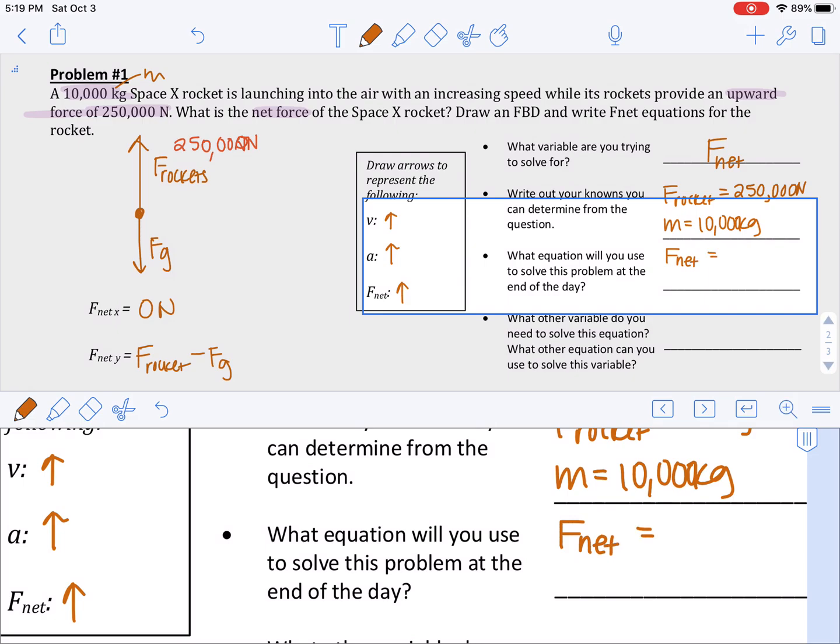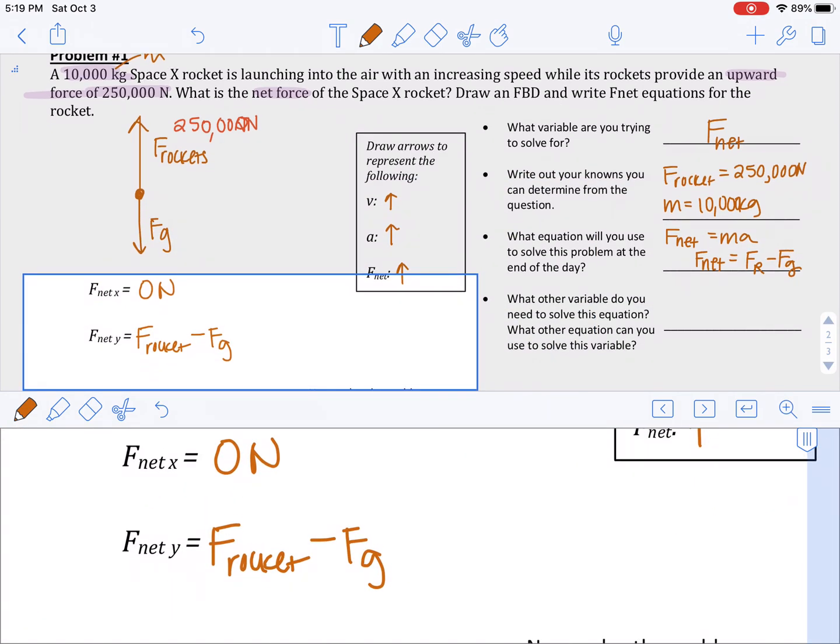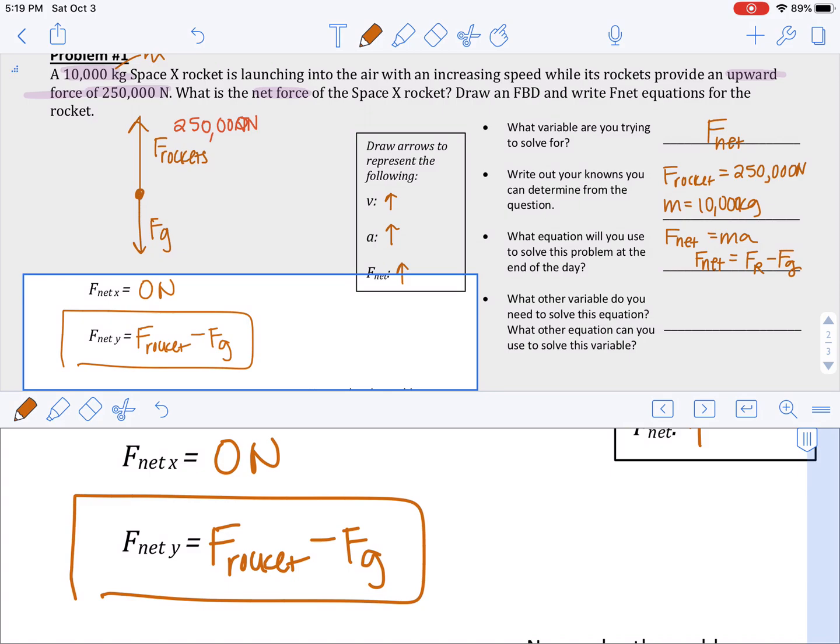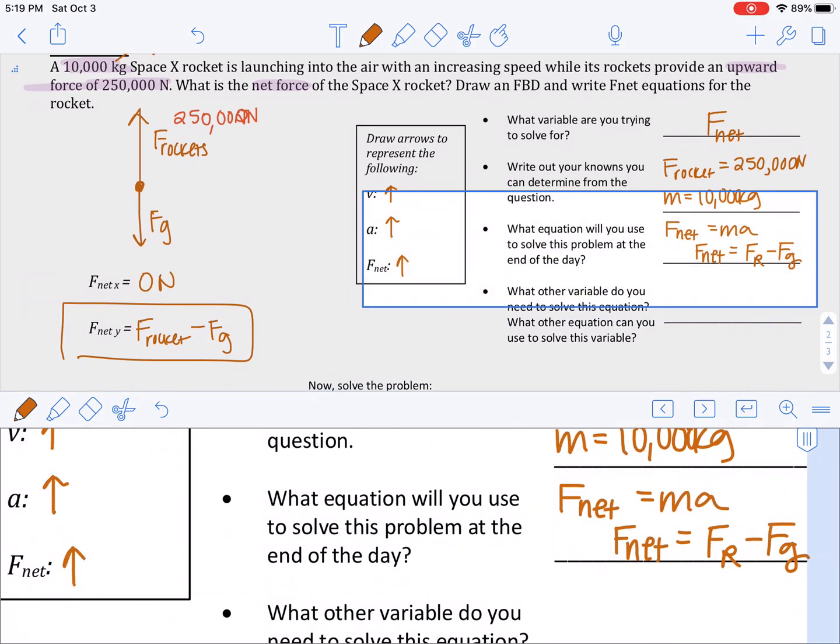F net equals mass times acceleration, or I could use F net is equal to F rocket minus FG, which I wrote myself right here. Both of those equations have F net in them. But when I look at these two equations, I do know mass, I don't know acceleration, I want to know F net.